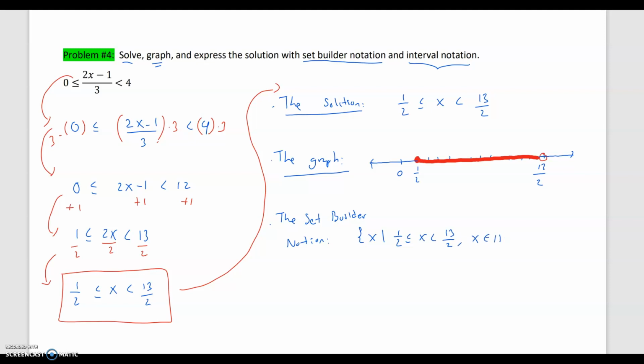I'm just writing the symbols that I used on the earlier problems. And then the interval notation: we're going to have a bracket on the 1/2, and then 13/2 with a parenthesis.